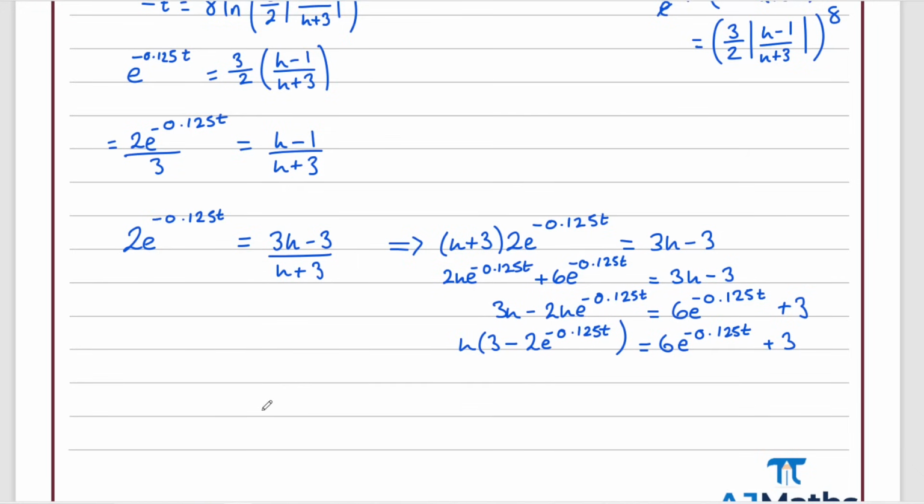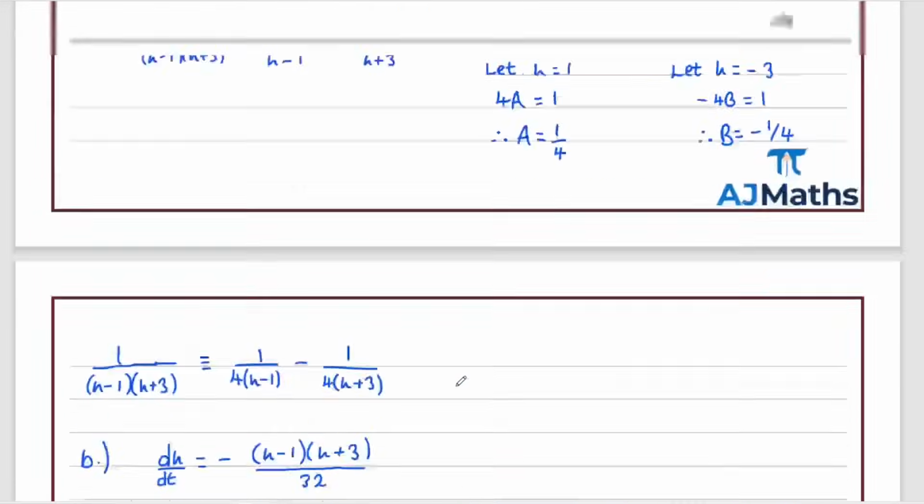So therefore, let me do it underneath with a bit more room. h is equal to 6e to the power of minus 0.125t plus 3, all over 3 minus 2e to the power of minus 0.125t there. Okay, I think it looks slightly different to how they presented the solution.